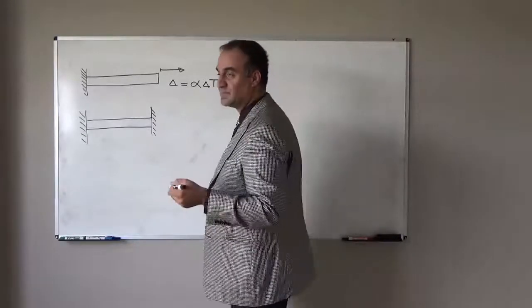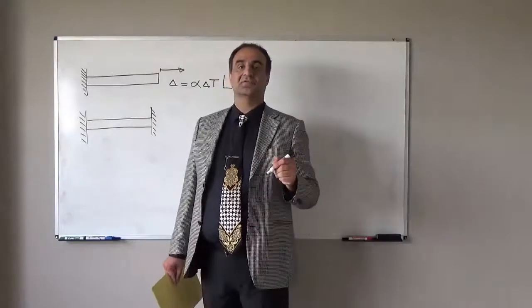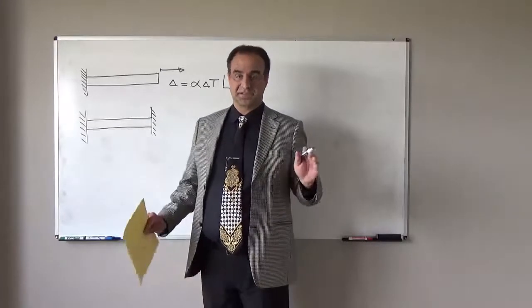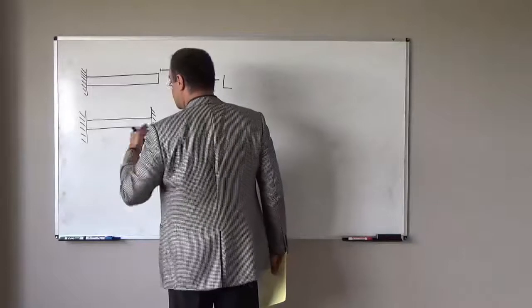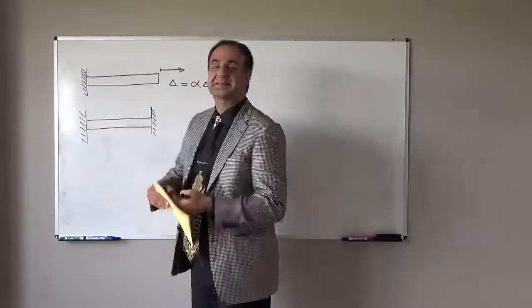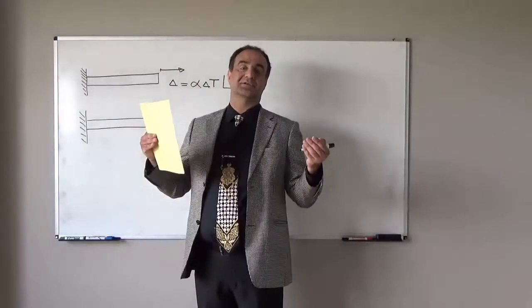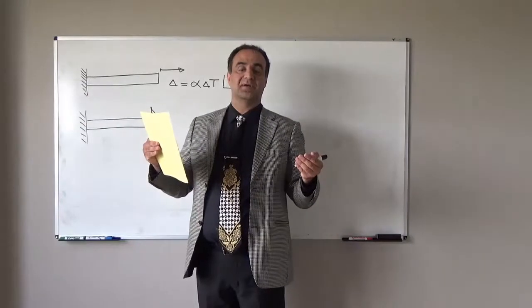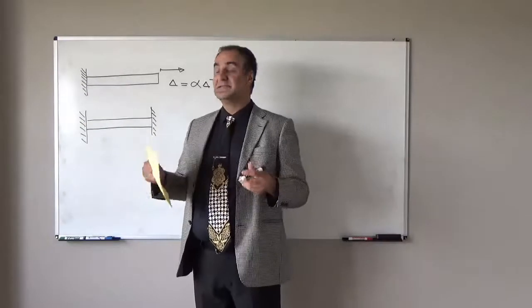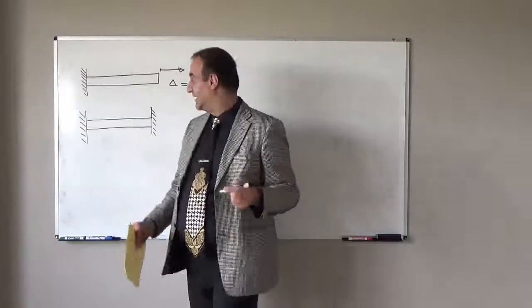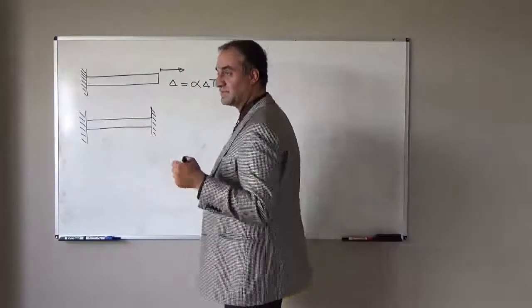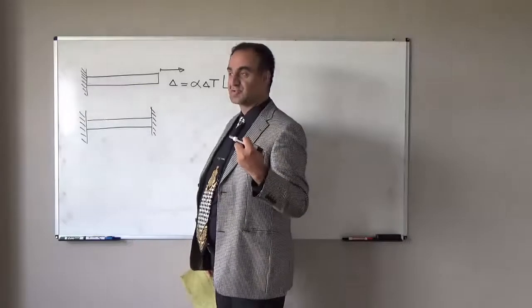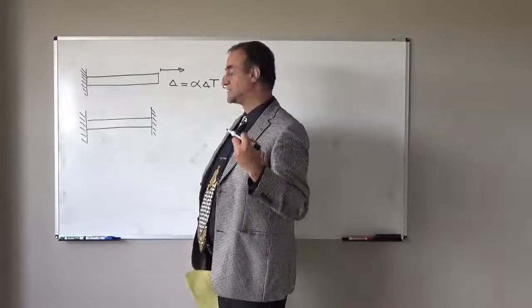So we will see deformation, and internal forces and internal stresses are 0. But now if it is between these two supports, this rod wants to expand if I increase the temperature, or if I decrease the temperature, it wants to contract. But it is not free to deform.